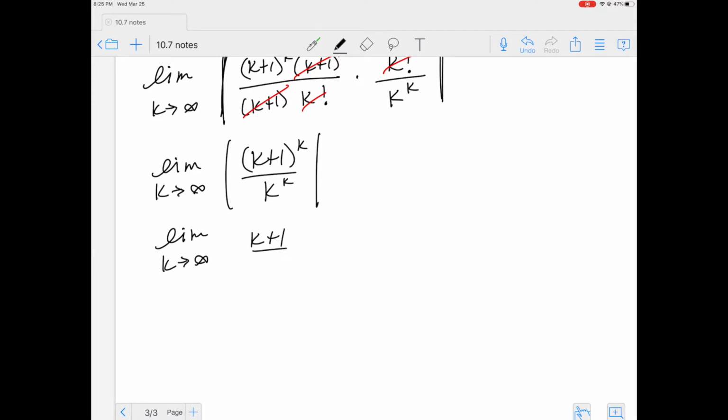So I have k plus 1 over k to the k, right? What do you see in patterns here? I'm hoping that at least some of you are looking at that going, ooh, ooh. What are you oohing? It's e, right? It's e. Do you see that? That monomial k in the denominator, split that up.